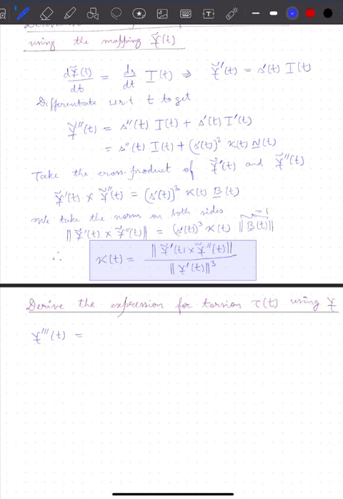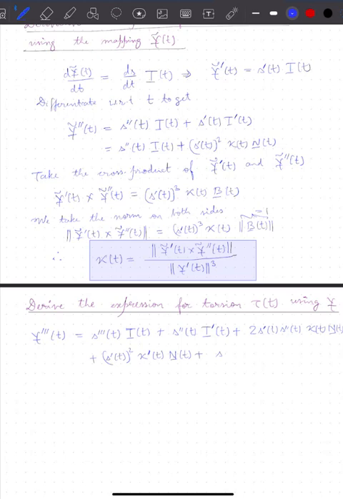So this is equal to, using this form here, s triple prime of t t vector plus s double prime of t t prime vector, plus the first term, 2 s prime of t s double prime of t kappa of t n vector of t, plus the second term, the chain rule, so we have s prime of t whole squared kappa prime of t and then n vector of t.